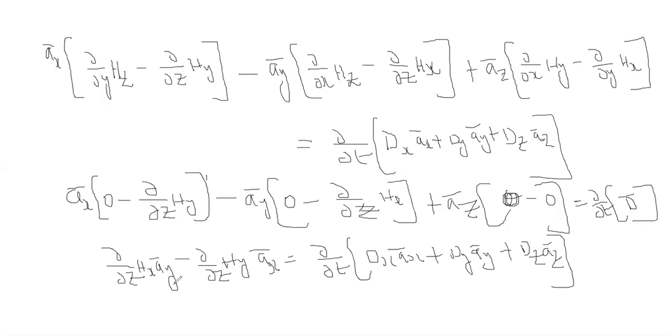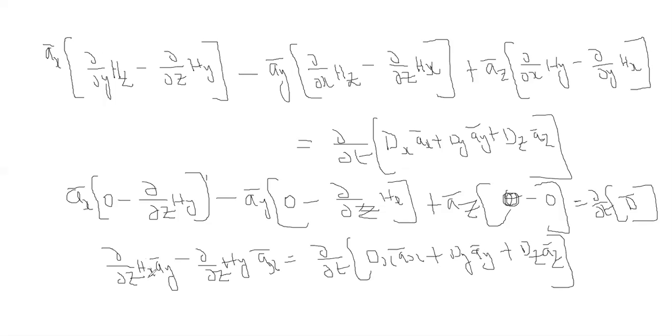In that, E is in the x direction, and Ey and Ez are equal to 0. Since H bar is in y direction, Hx and Hz both are zeros.